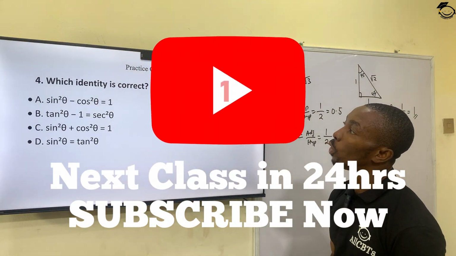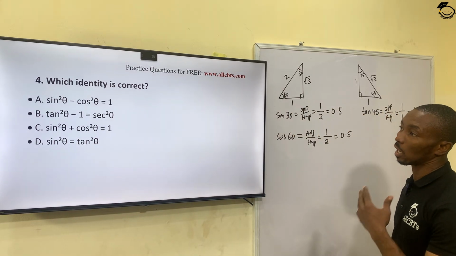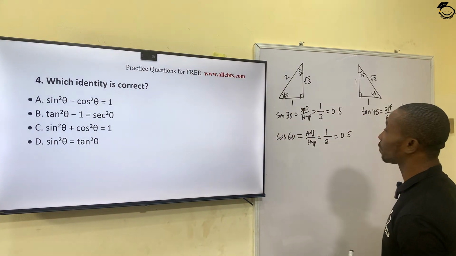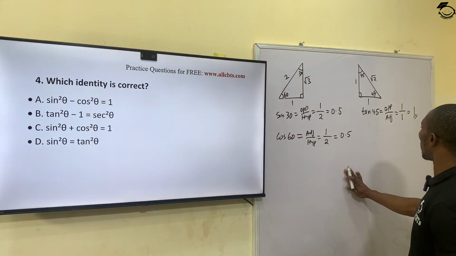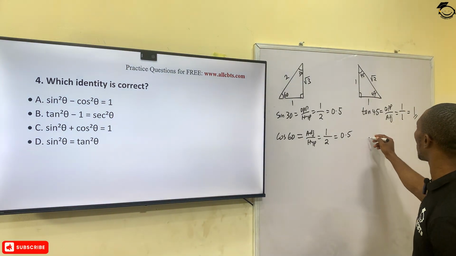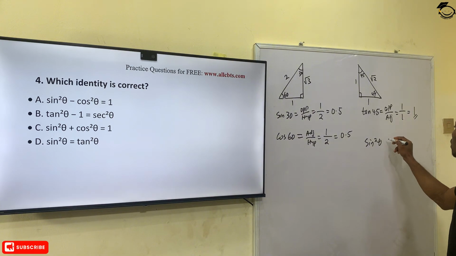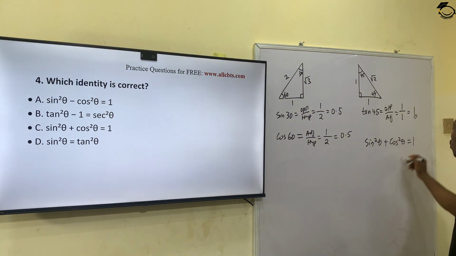Now, which identity is correct? For us to get the correct identity, we have to recall our trigonometrical identities. The correct identity here will be sine squared theta plus cos squared theta equals 1.